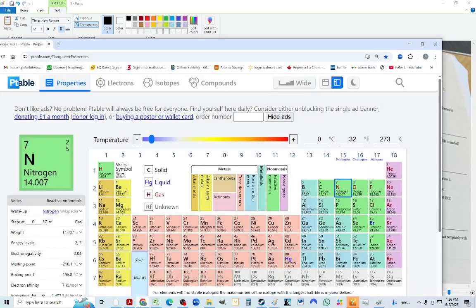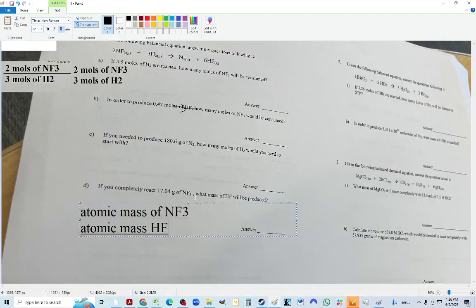and we can see that its atomic mass right there is 19. You can see it right there, 19 in your book. So that means nitrogen, which we already figured out is 14, will have 3 times 19, which is 57. So its atomic mass is 71 grams per mole.